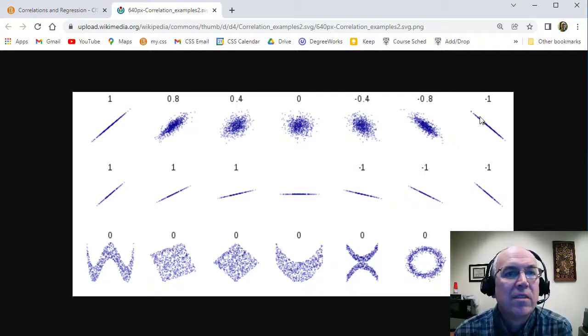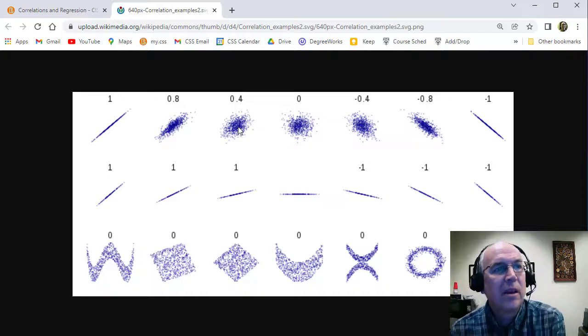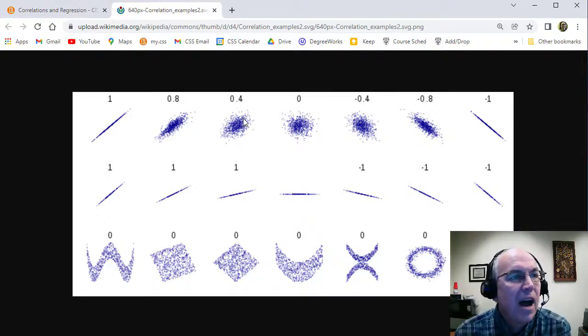Now, if this is a very tight correlation, we get much more of a line like this or like this. But here, this is still a correlation. We can get some information from this, it's just not as obvious a correlation. There are many more outliers. Not every data point fits. And this is actually where there is no correlation. Again, the slope of the line doesn't matter, just whether it's positive or negative.